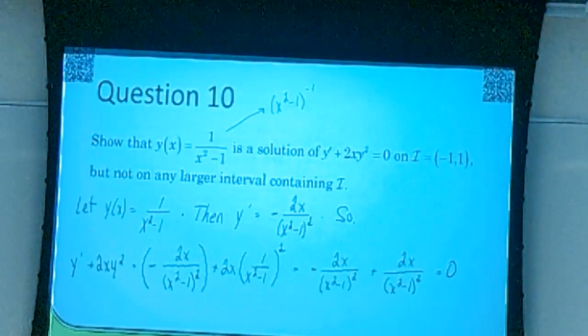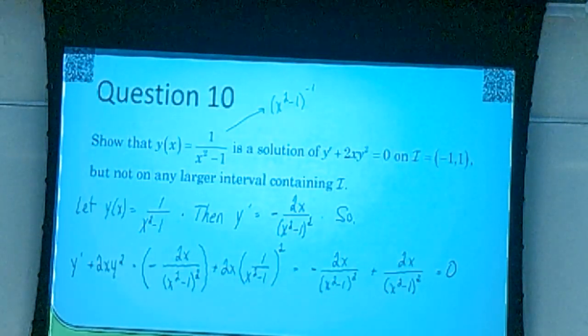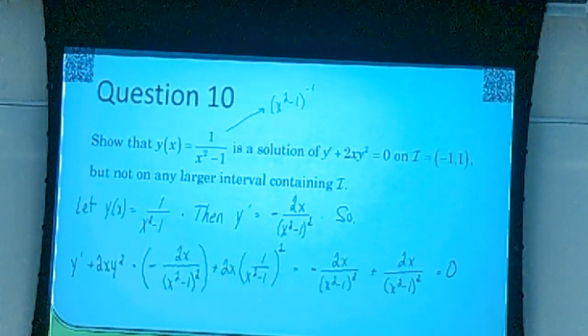That's the general power rule. Negative 1 times the function raised to the minus 2, then times the derivative of the function. And the derivative of x squared minus 1 is 2x, right?